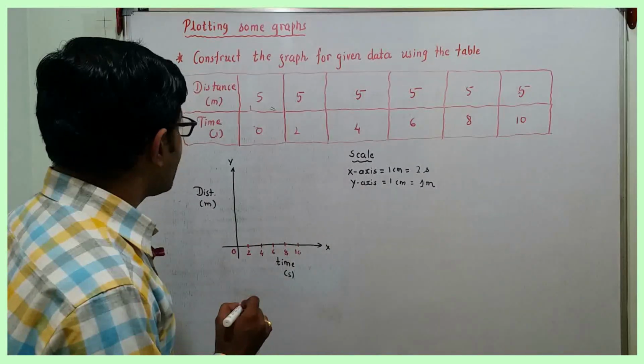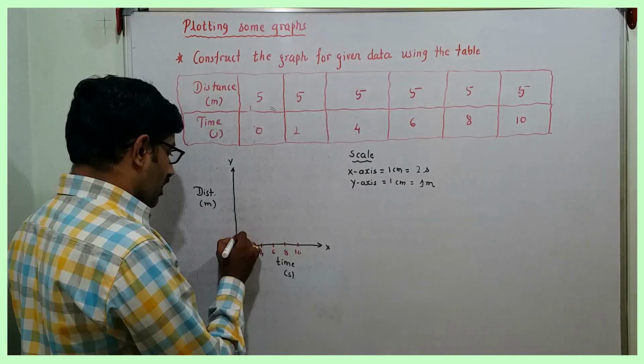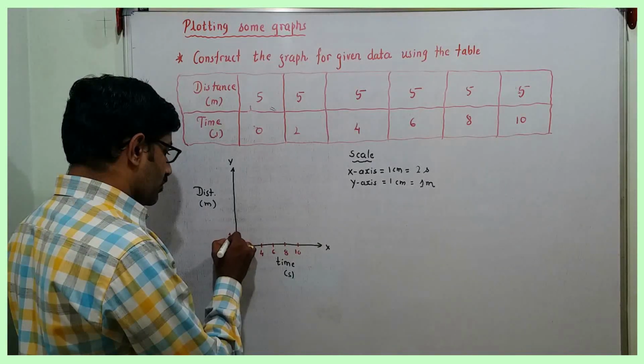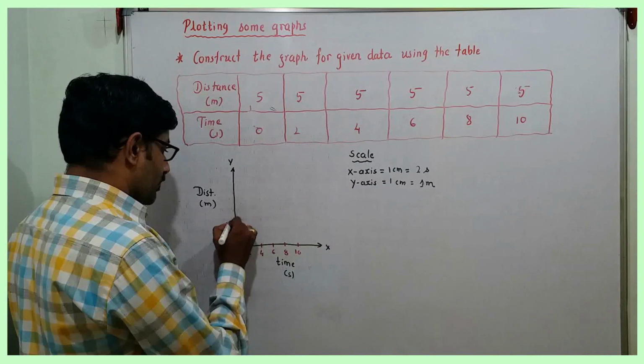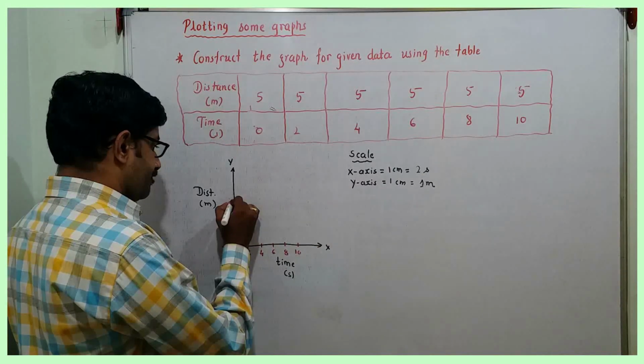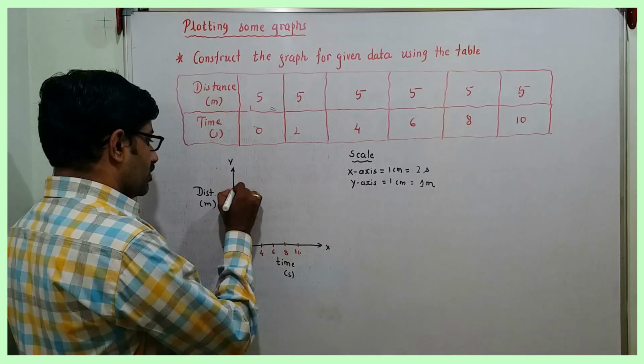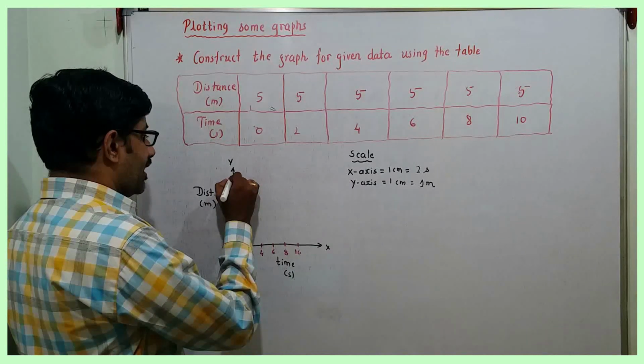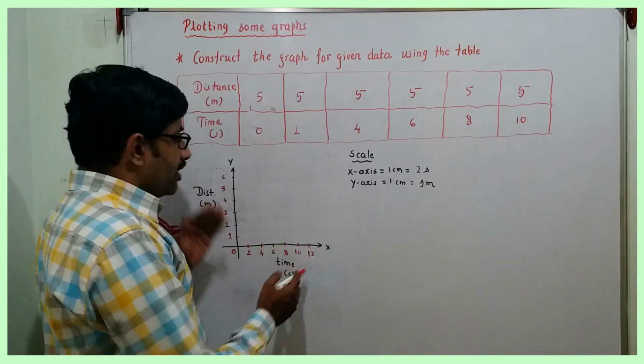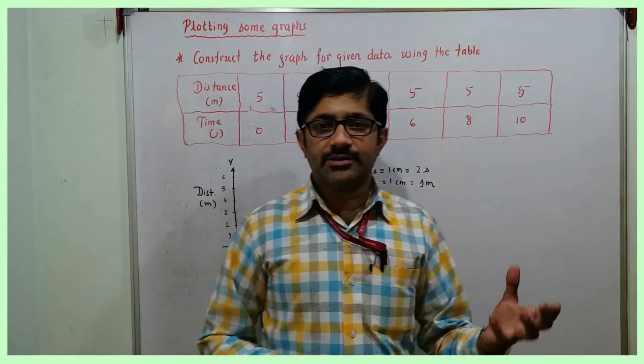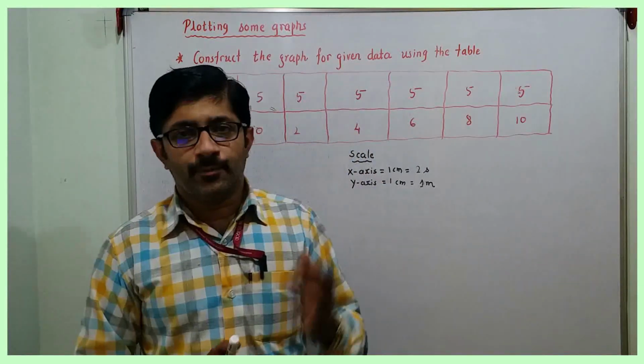So here again 1 centimeter is equal to 1 meter we considered, similarly 2, 3, 4, 5 and 6. These extra values definitely help us to plot the graph properly.